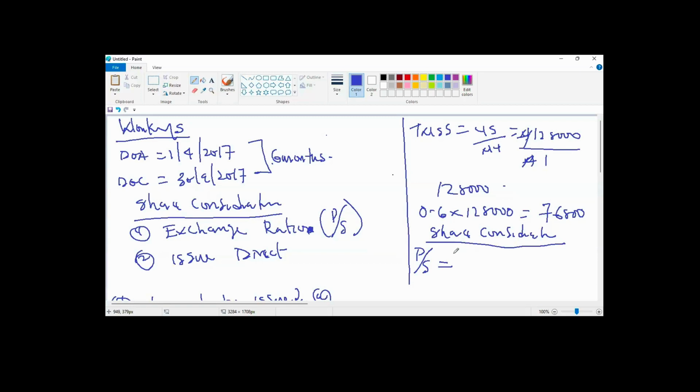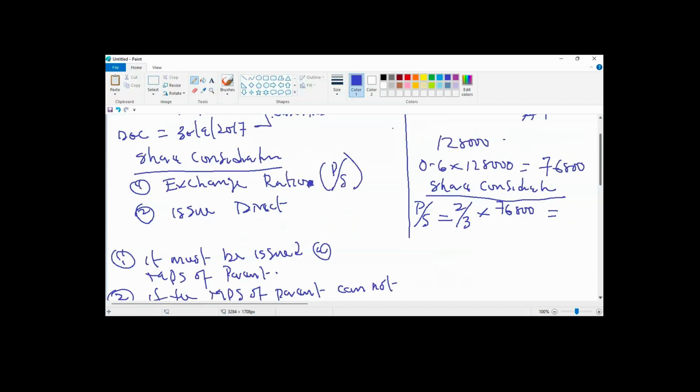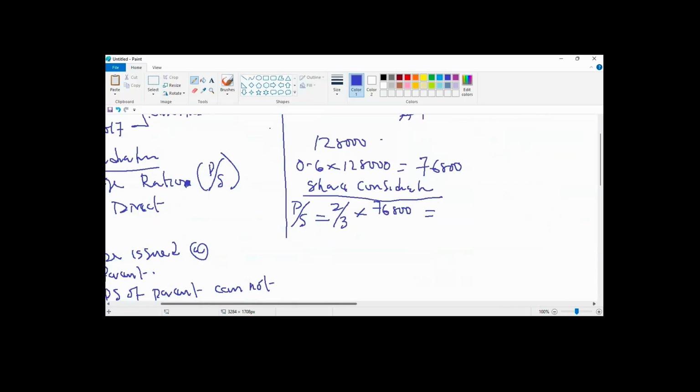How many is the parent bringing? 2 over 3 times 76,800, which is 51,200.